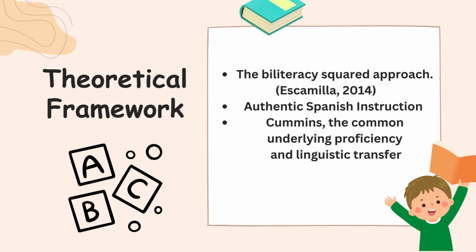And so it doesn't separate abilities like you use English separately and then Spanish separately, but really supports that idea that there is linguistic transfer. There is a common underlying proficiency, like the one presented by Cummins. And so these two frameworks really go together because they basically approve the idea that linguistic skills that are learned in one language can be easily transferred to another.